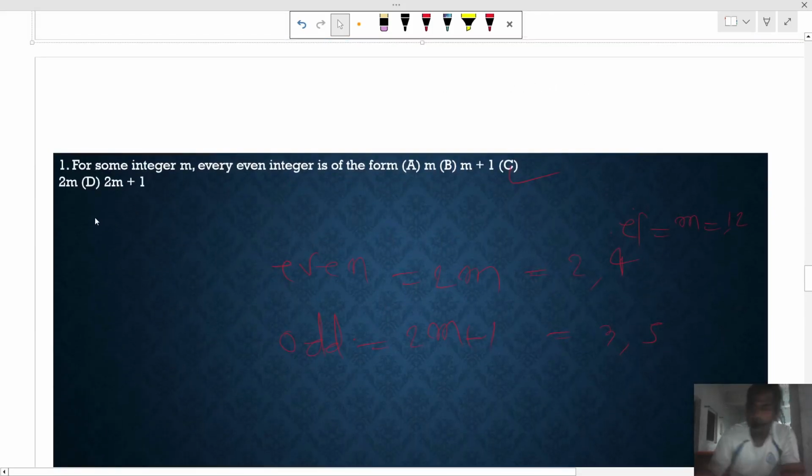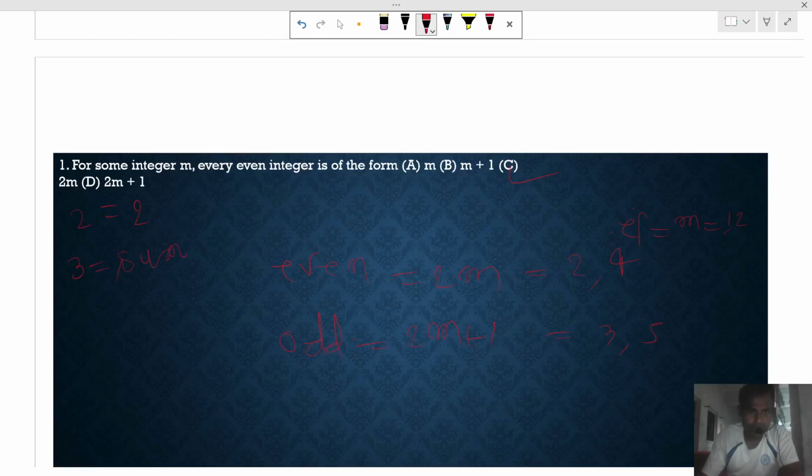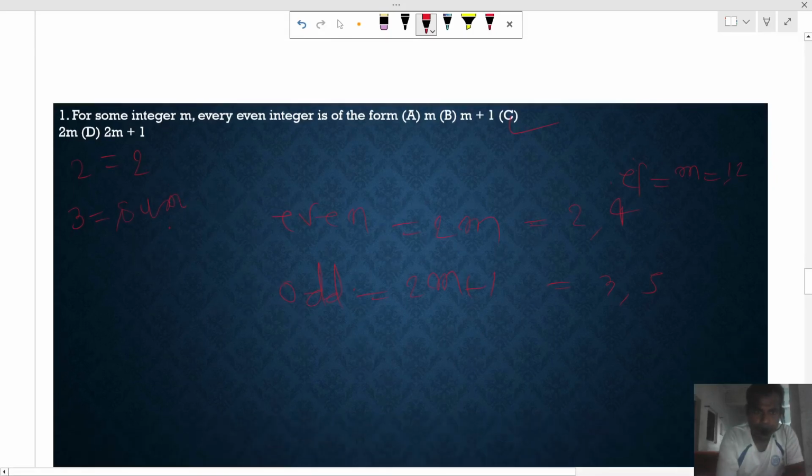Okay, we see the divisibility rule of 2: the unit digit must be 0, 2, 4, 6, 8. Of 3: the sum of digits divided by 3. Of 4, I am explaining in short: the last 2 digits should be divisible by 4.